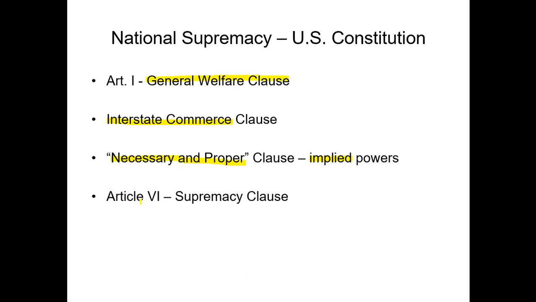And then, of course, in Article 6, they lay it out very clear that the U.S. Constitution, federal government, is the supreme law of the land. So even though they give states a lot of autonomy and independence to handle their own business, well, if there's a dispute or if something needs to be resolved or unified, then it goes all the way up to the federal government to have the final say on that.